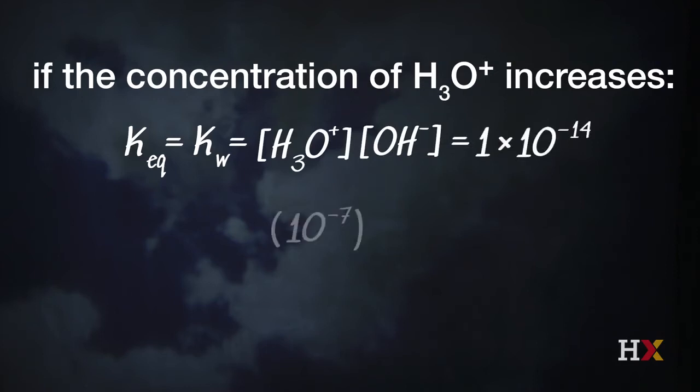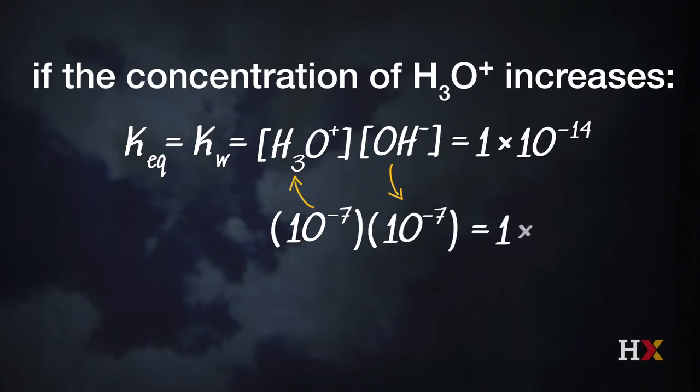So if we have 10 to the minus 7 for the concentration of the hydronium cation, we can calculate the concentration of the hydroxide anion, and we know it must be 10 to the minus 7 in order to get the product equal to 1 times 10 to the minus 14.